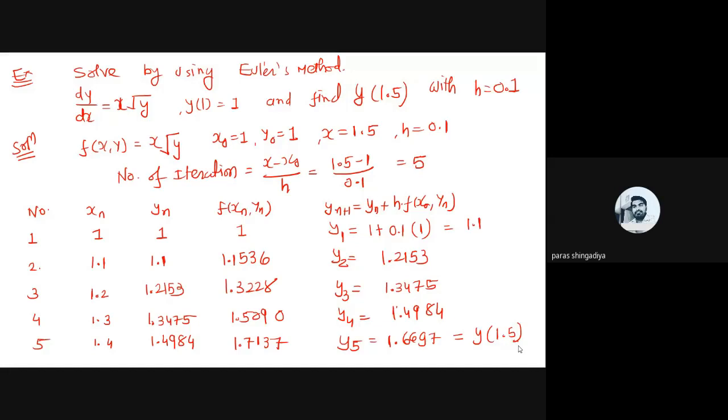You can identify the meaning of step size. What is the meaning of h is 0.1? So here we can say this answer y1, that is the answer of y of 1.1, that is answer of y of 1.2, that is answer of y of 1.3, and this answer is y of 1.4, and this last answer that is called y of 1.5.